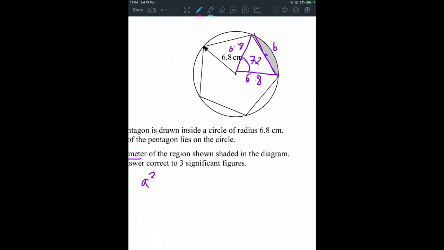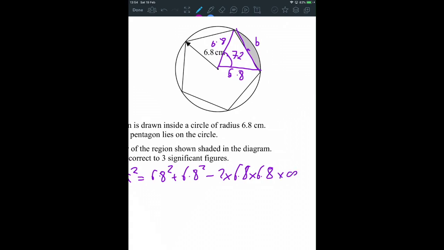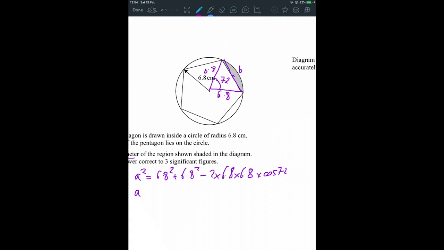So A squared, using the cosine rule, is 6.8 squared plus 6.8 squared minus 2 lots of 6.8 times 6.8 times cos of the angle. That is on your formula sheet, which you should check that you've quoted correctly each time you use it.